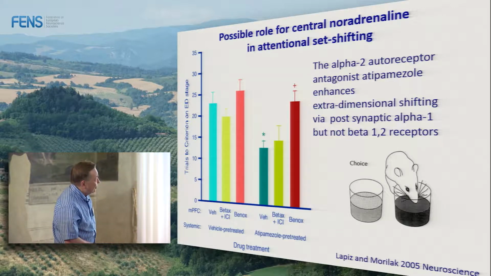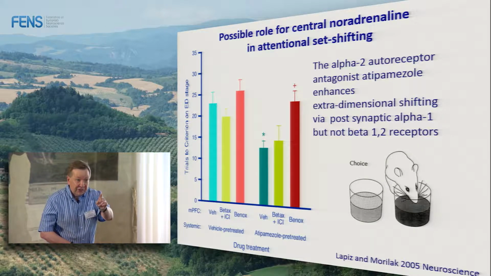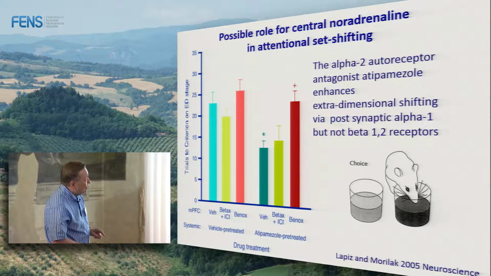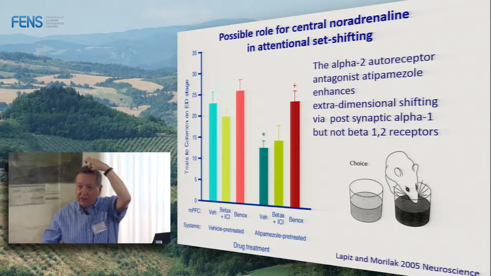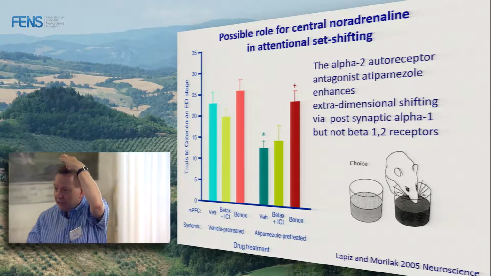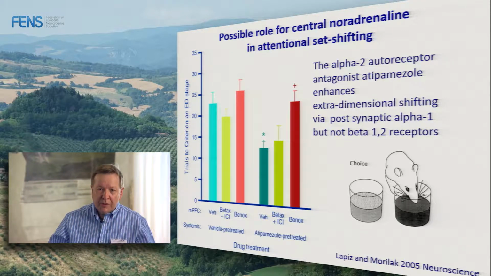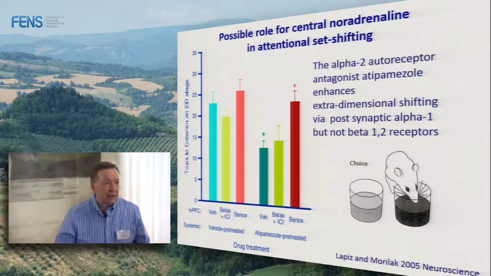So the animals learn to switch much more quickly, in fewer trials following the drug. However, if he then blocked beta receptors in the frontal cortex, where we think this shifting is computed, then this blocked the effect completely. So the argument is that it's mediated through noradrenergic receptors in the frontal cortex.